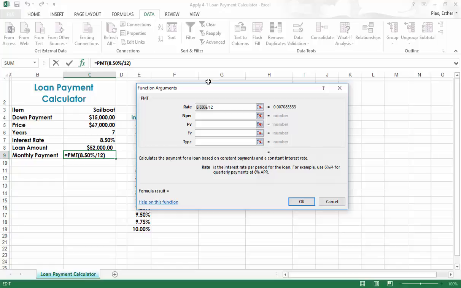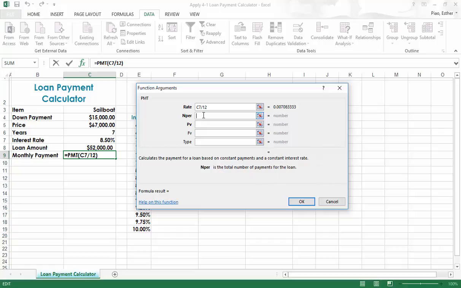Instead, we use the cell coordinate, C7, to replace the actual 8.50%. So whatever changes happen here will automatically be reflected in the calculation.